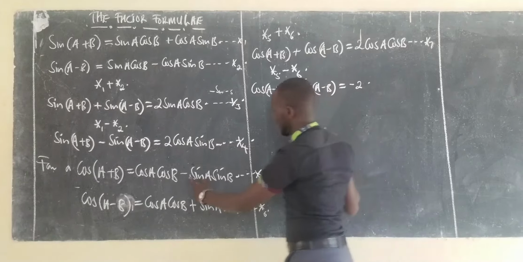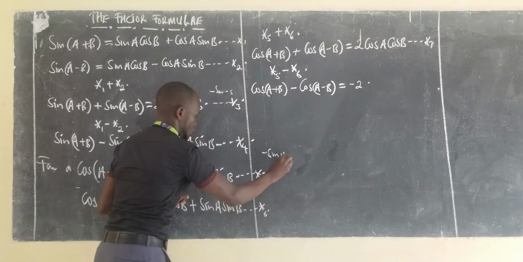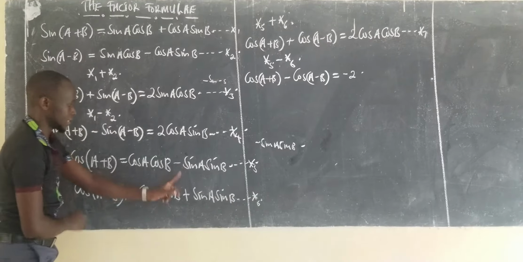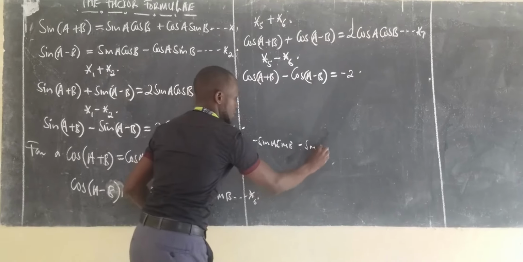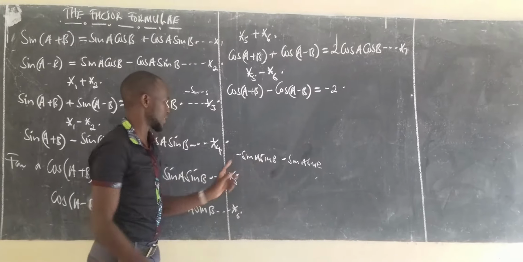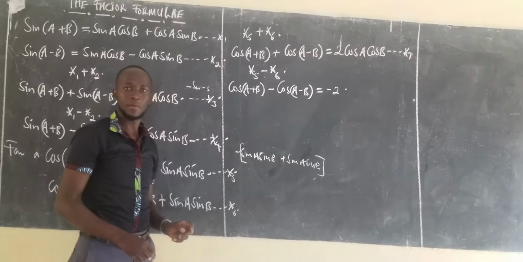This is negative. Let me be a bit clear here. It is negative sine A sine B, minus, because now we are subtracting, sine A sine B. Since they are two, when you factorize out the negative, inside remains the positive.